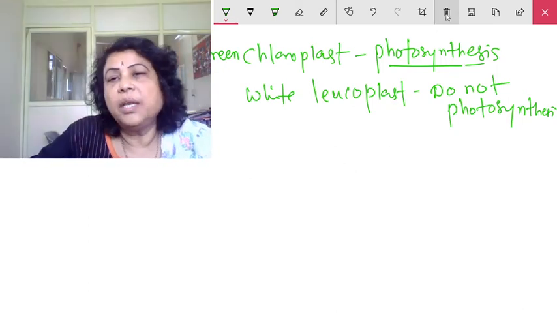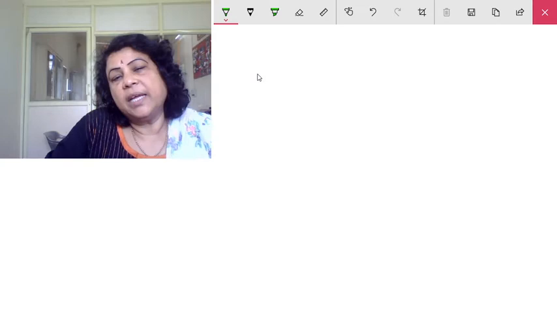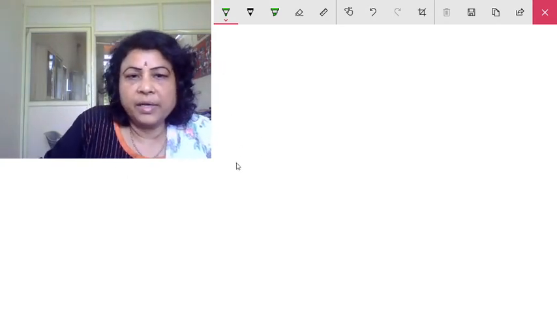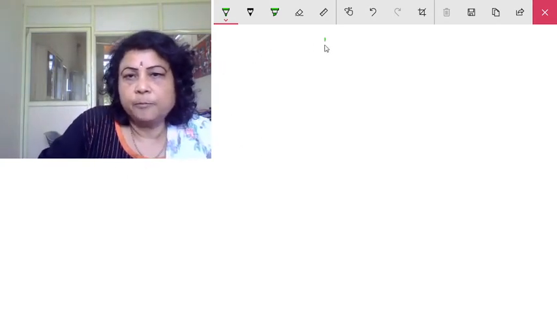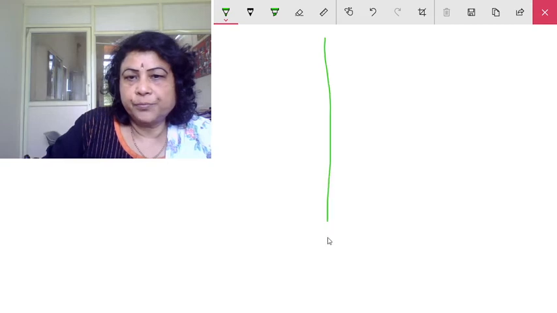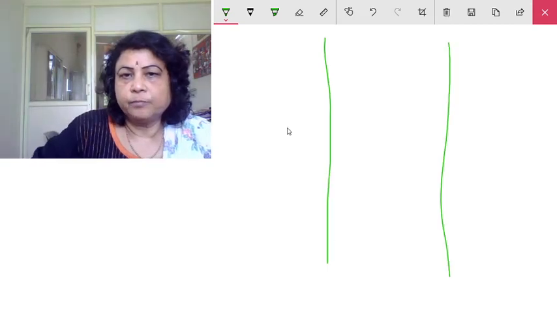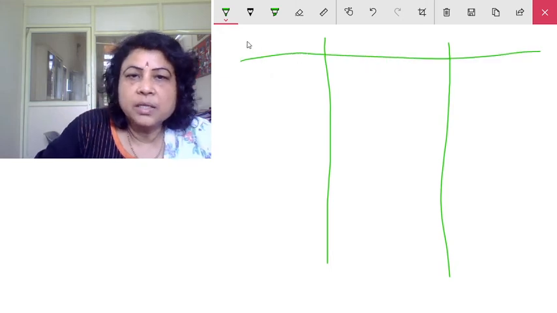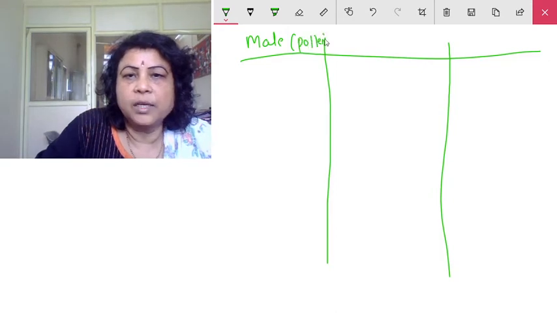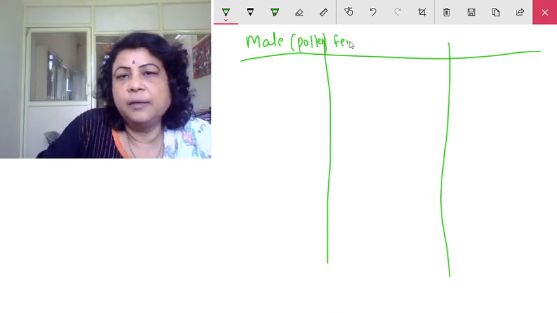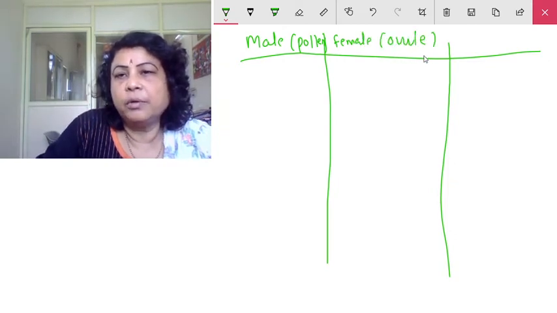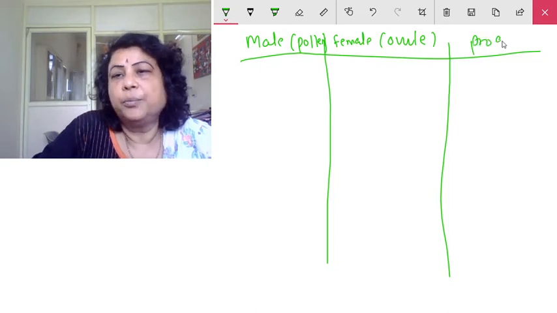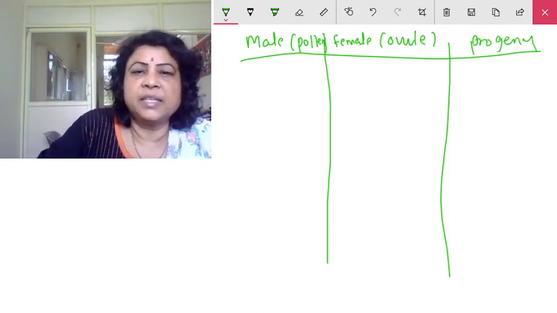So he reported that, and we will draw one table here. Suppose it is male, that means the pollen grain. Then the female has the ovule or egg. And these are the progeny produced by this.